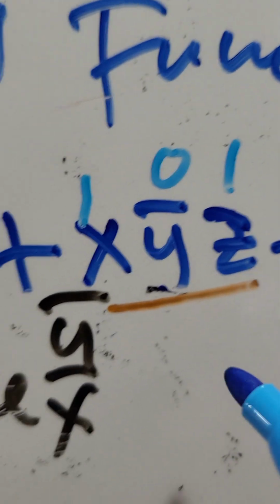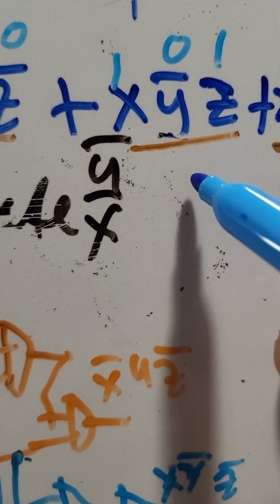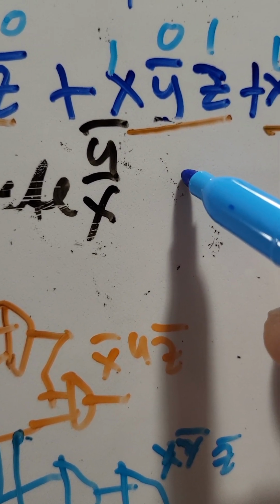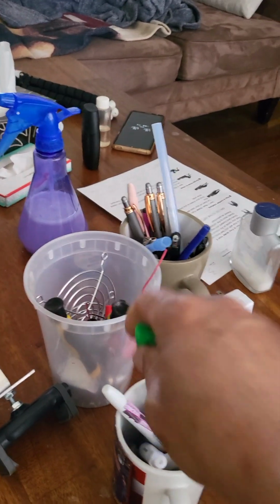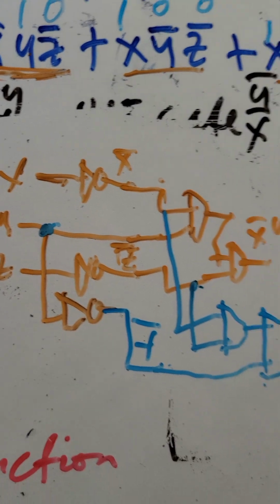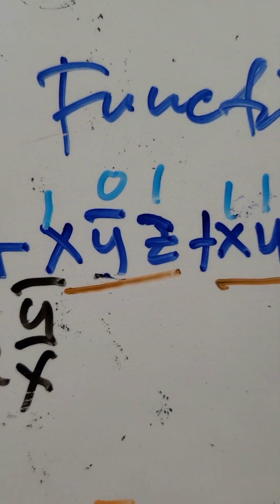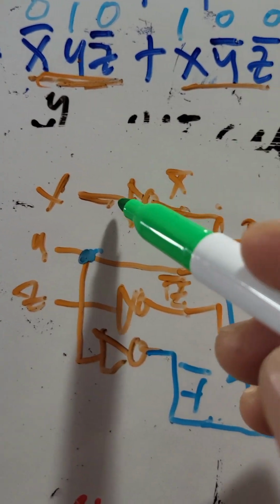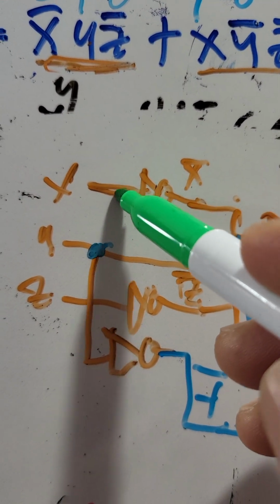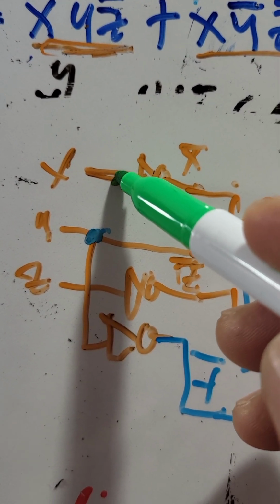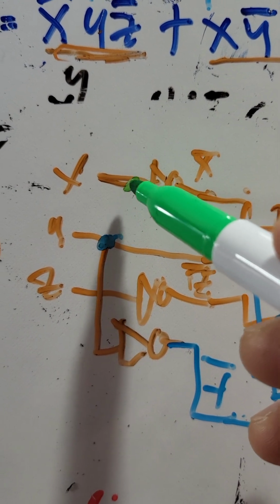Then the third term is x y bar z. Here's another color. So we have here x, tapped before the inverter.